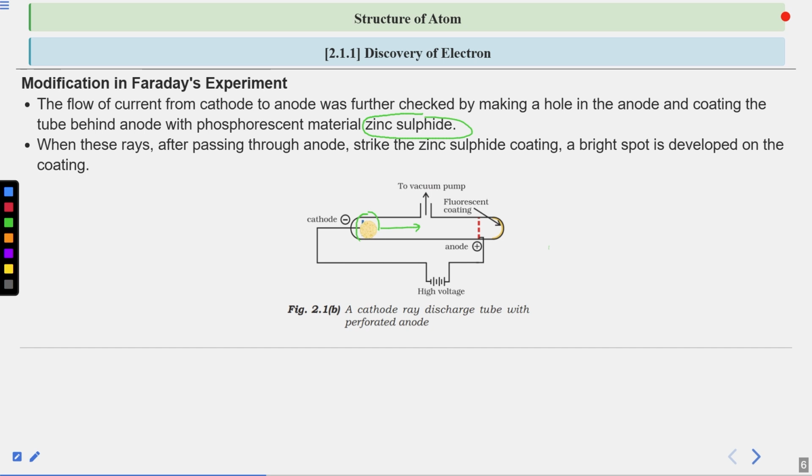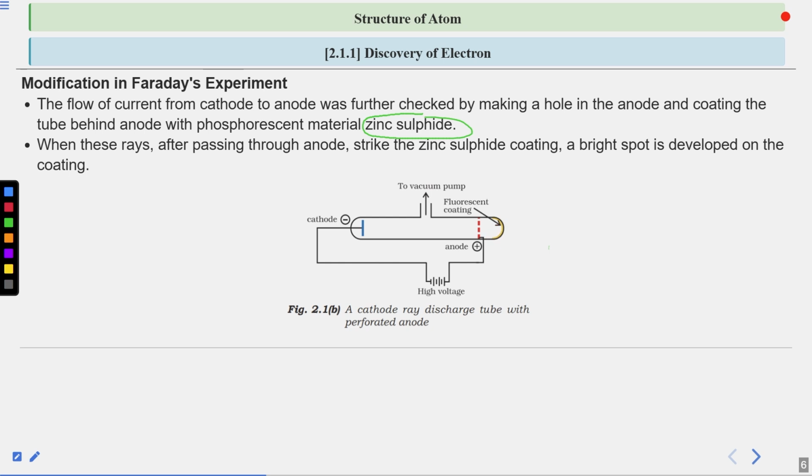Now, whatever be the source of this electricity, it would start from this cathode, move through the vacuum and hit this anode. Then after hitting this anode, the anode will accept that electron and the current will flow. But we don't know what was that particle which was carrying the current through vacuum. So after making a hole in the anode, the particle will move through these gaps and will hit the back of the tube.